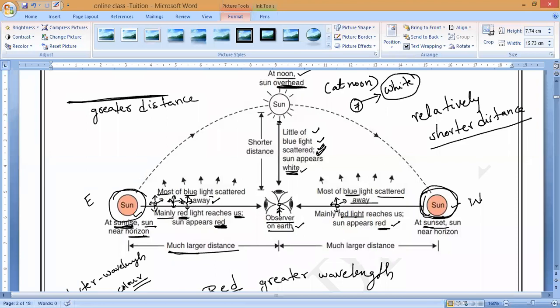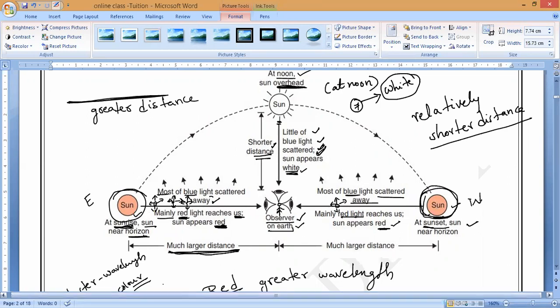Understand? Because here you can see it is traveling a shorter distance. At noon time, the distance between the observer and the sun is less compared to during sunrise and sunset. During sunrise and sunset, the distance between the observer and the sun is relatively much greater, but at noon time it is a shorter distance.